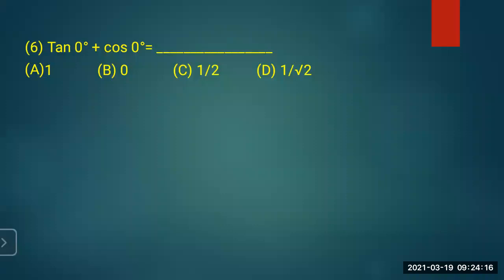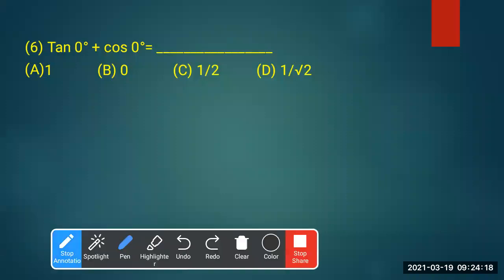Particularly in this whole chapter, 3 things are very important. First is the definition of the trigonometric ratios, second is the table of the trigonometric ratios, and the third one is the trigonometric identity.